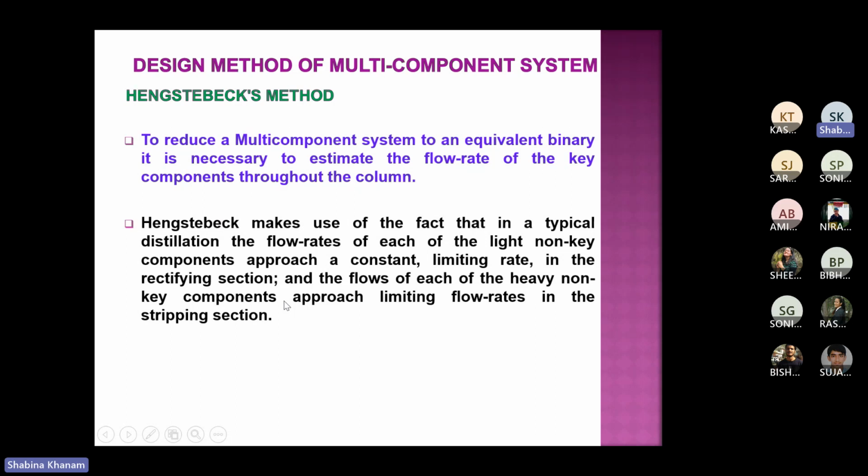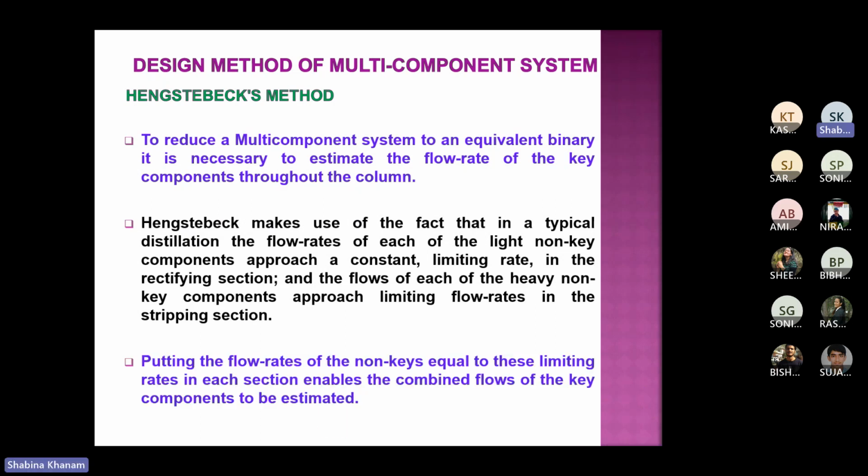So in this way you can consider the rectifying section and stripping section, and all non-key components whatever is available, you combine them, and we consider them as constant, that those components will not vary the flow, right? Putting the flow rates of non-keys equal to these limiting rates in each section enables the combined flows of key components to be estimated.